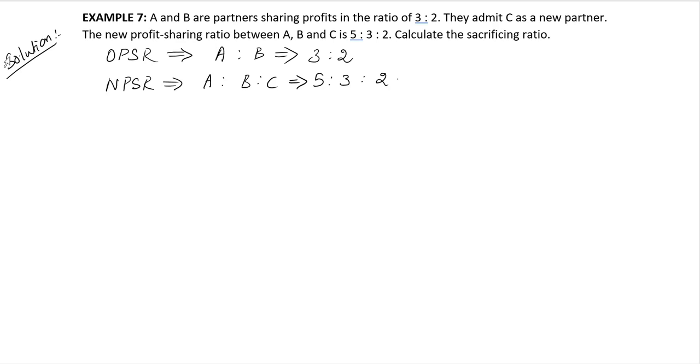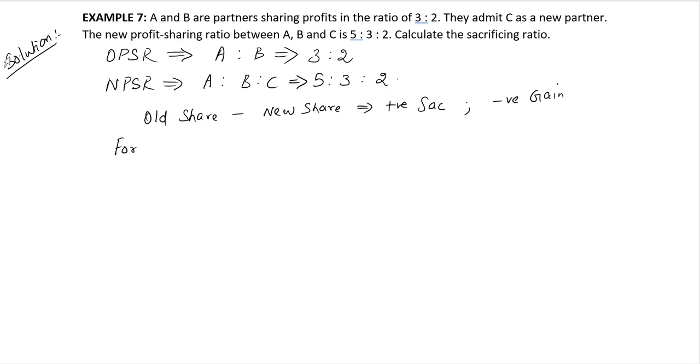Now we are asked to calculate the sacrificing ratio. Let's calculate the sacrifice first. We'll apply the formula old share minus new share. A positive figure will imply a sacrifice by the partner, whereas a negative figure will imply a gain.